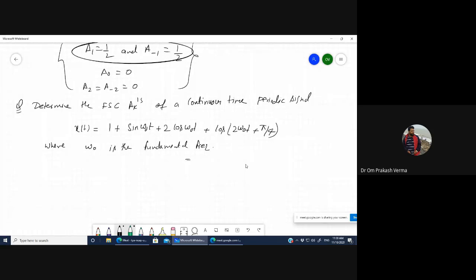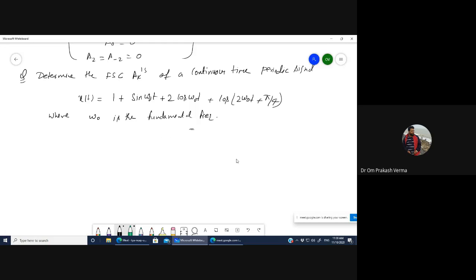Okay, see how it is going to be represented. It is very important. Why is it called a spectral coefficient? The logic behind that is in the solution of this question. So x(t) is given as 1 plus sine omega naught t plus 2 cos omega naught t plus cos of 2 omega naught t plus pi by 4.